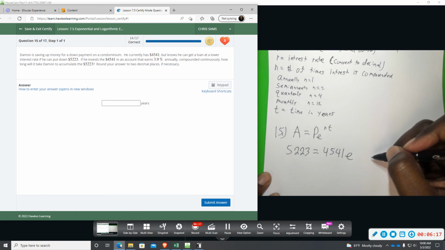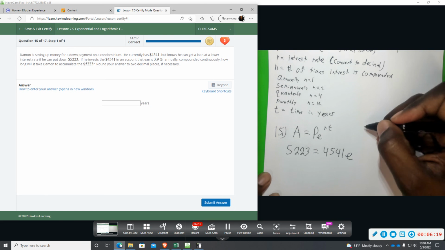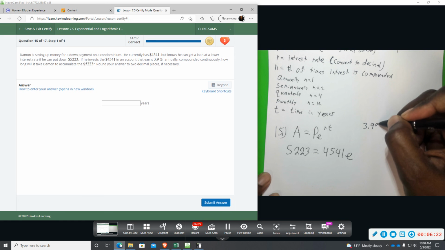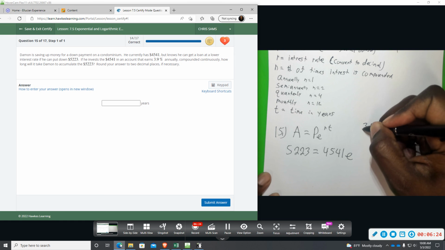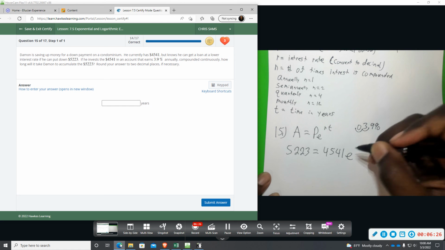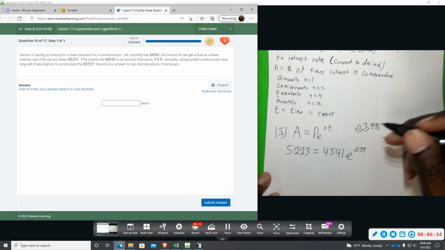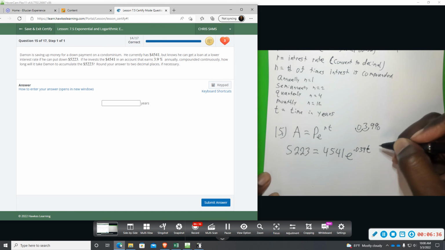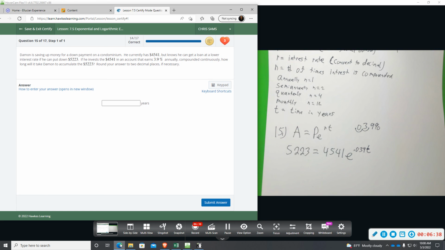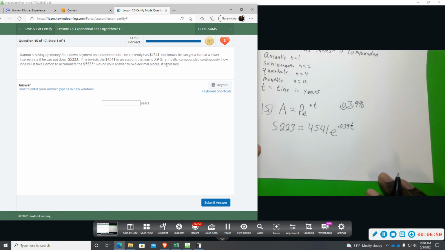E is itself. The interest rate that we're getting is 3.9%. Convert that to a decimal by moving the decimal 2 times to the left. So that's going to be 0.039. And then we're going to multiply that times T. So we are looking for T. They ask us up here in the question, how long will it take to accumulate this much money in this scenario? So we're going to just do algebra and solve it.